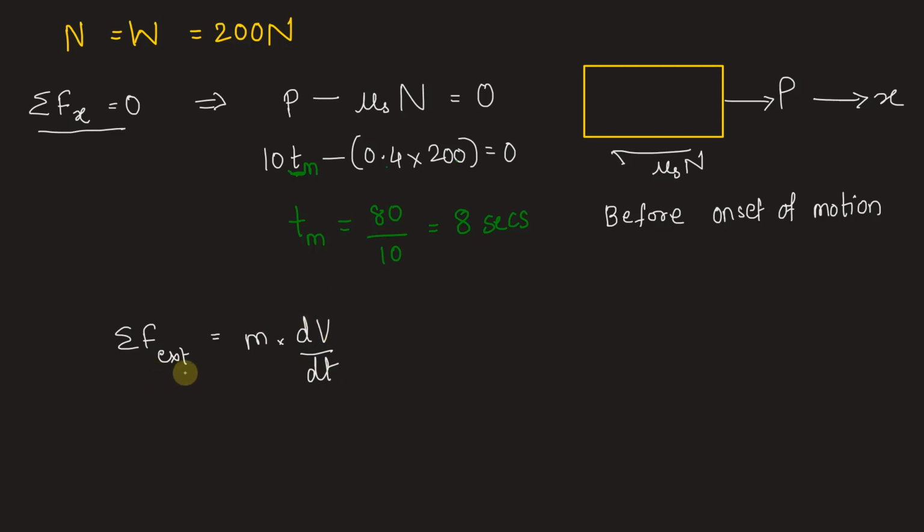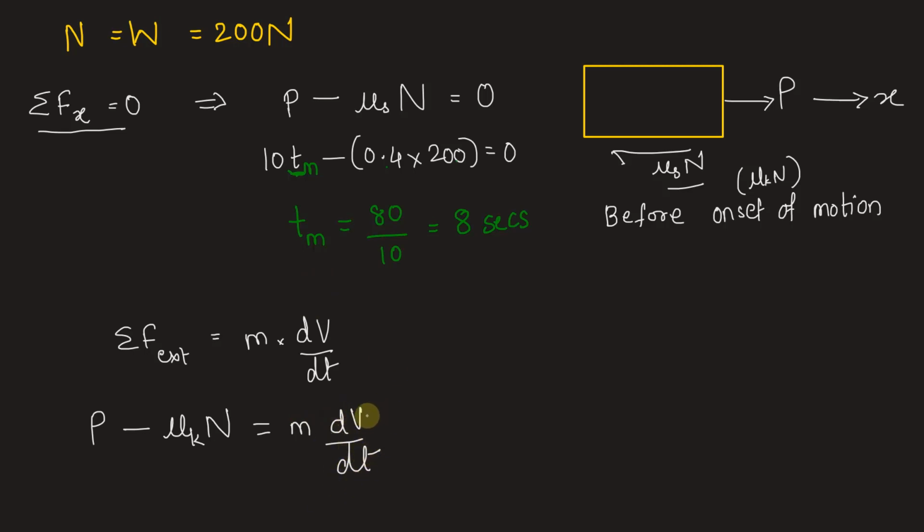Now what are the external forces acting? The friction force, which will now not be mu s N, but it will be mu k N, and the force P. So we can write this as P minus mu k into N is equal to mass into dv by dt.